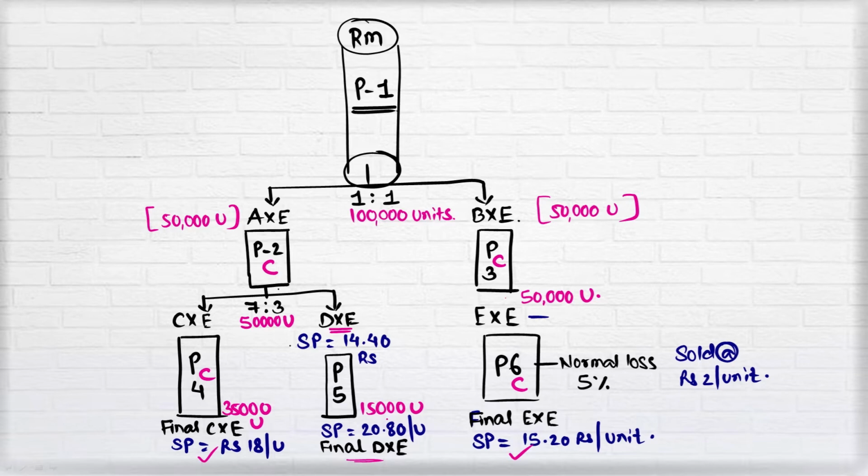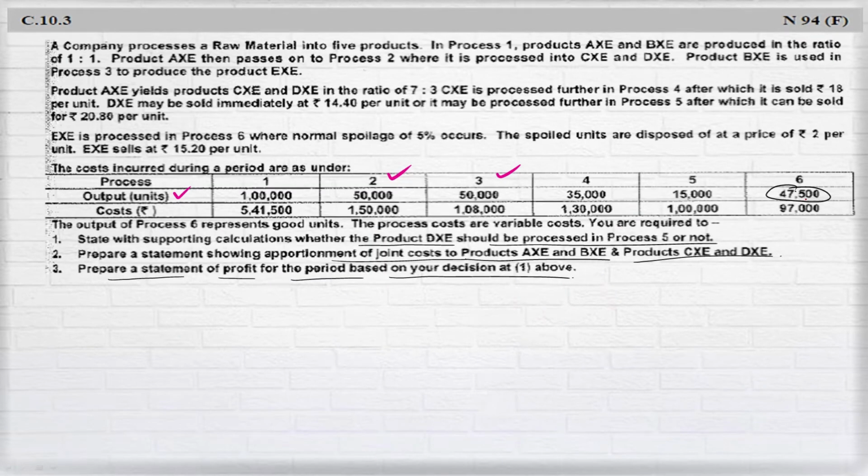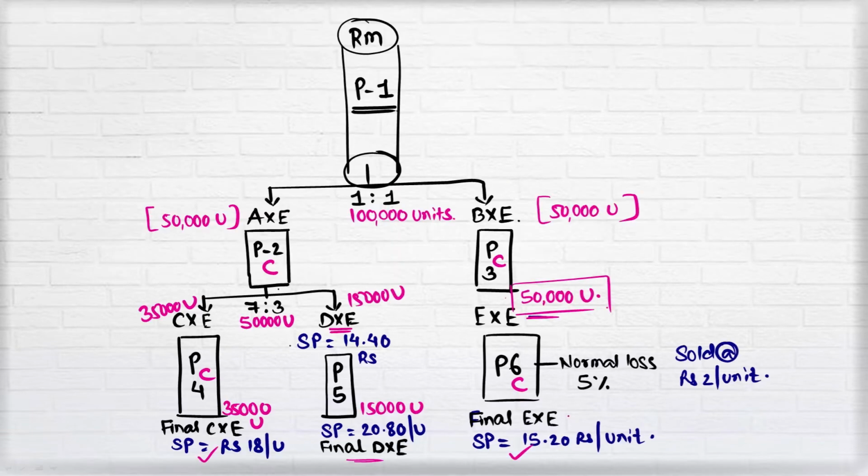How much was input in this process? 50,000 units. And what was the ratio? 7:3. See this: 50,000 into 7 divided by 10 will be 35,000 units. This will be 15,000 units. So input in DXE or process 5 was 15,000. Output is also 15,000. What is input in process 6? 50,000 units. So output should be 50,000 units. Is it 50,000? No. Output in process 6 is 47,500 units.